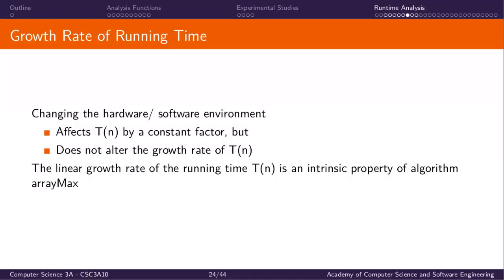As the array grows, the number of operations that you're executing and the time that it will take will still depend on that size in some kind of linear fashion. As in, when the size of the array doubles, the time taken will double. If the size of the array triples, the time taken will triple. That will not change. It is an intrinsic property of that algorithm.